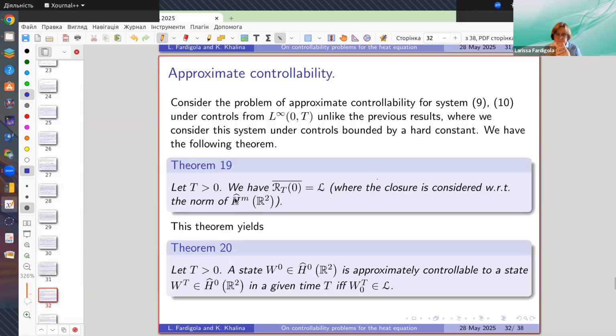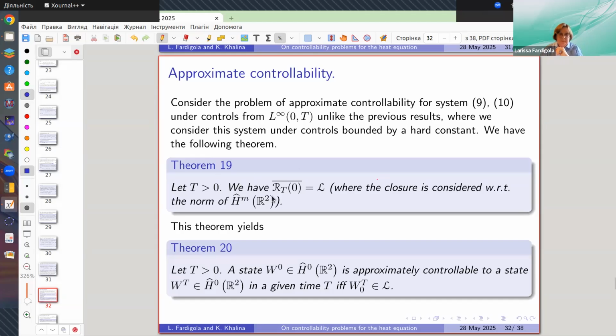And now we will consider controls from L infinity of 0T, and we will consider approximate controllability. We obtain the following theorem.